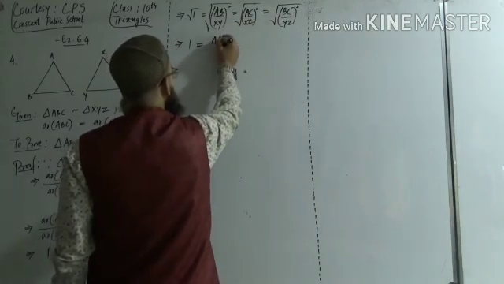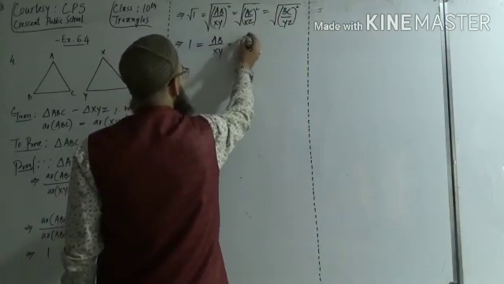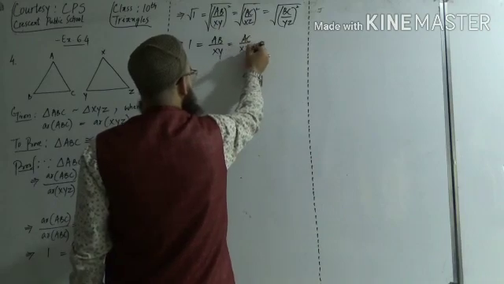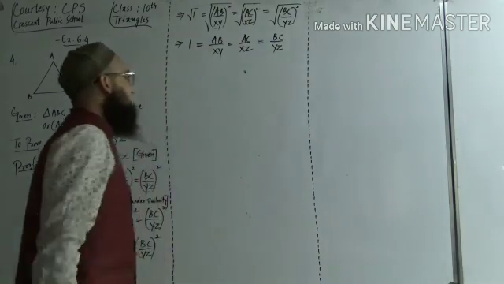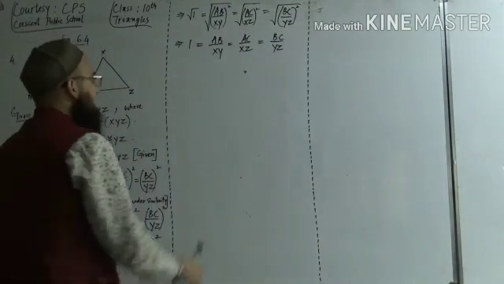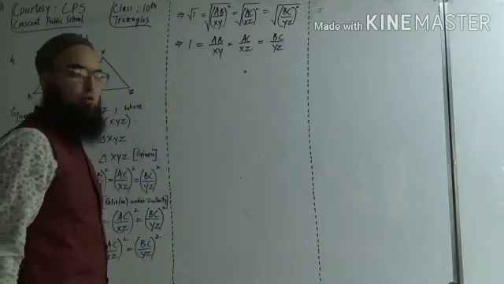So I'll get 1 is equal to AB by XY is equal to AC by XZ is equal to BC by YZ. You got it? So these are all equal to 1.